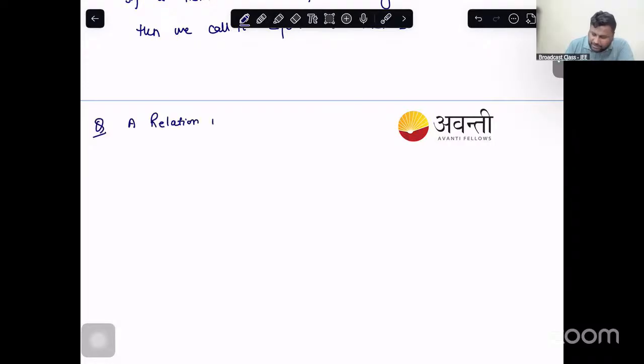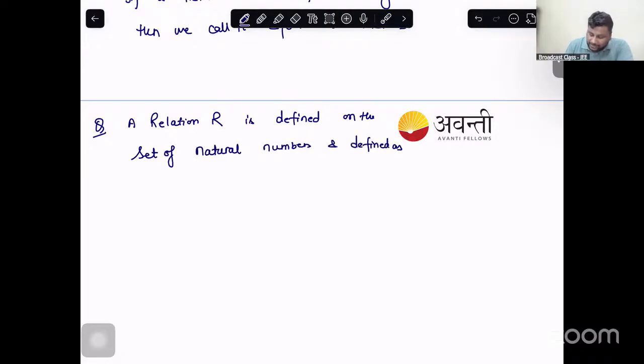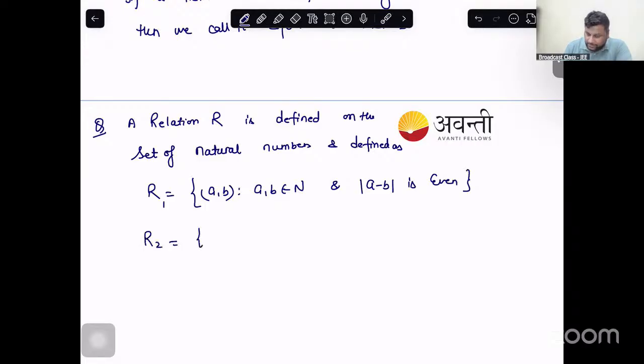A relation R is defined on the set of natural numbers and defined as R1 is (A, B) such that A, B belong to natural numbers and |A minus B| is even. R2 is (A, B), A, B belong to natural numbers and A divides B.